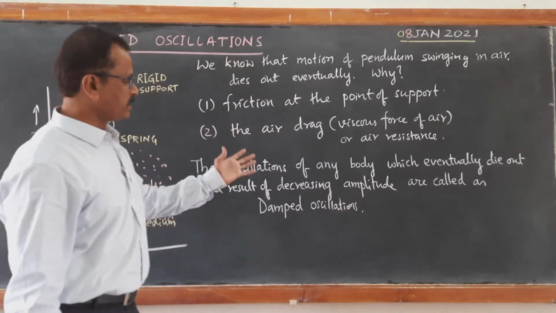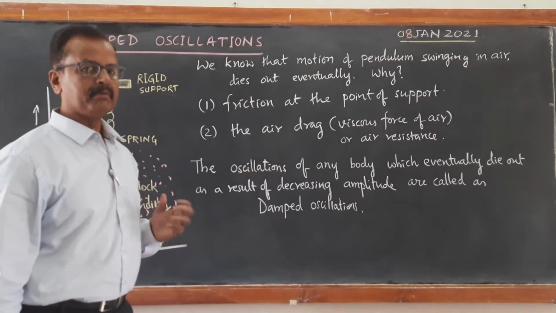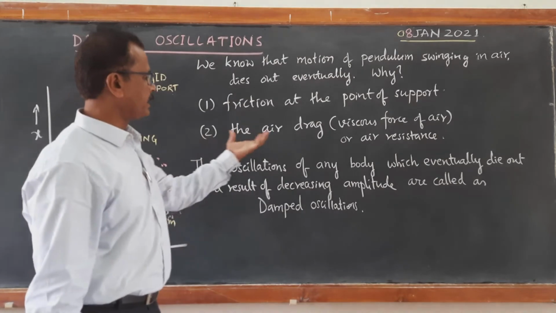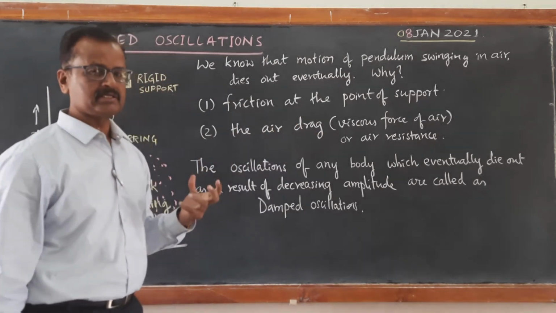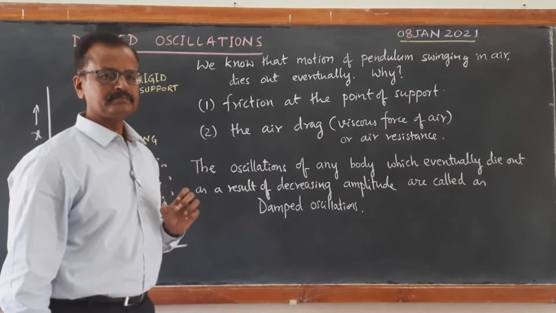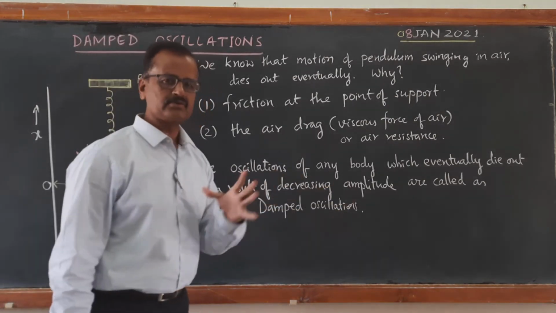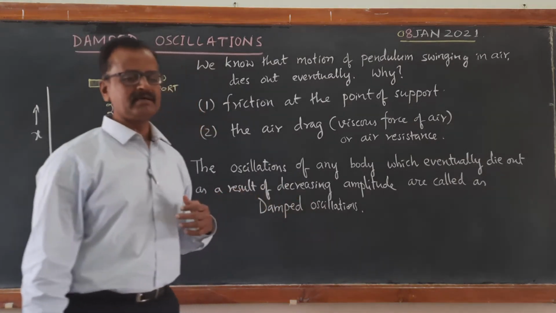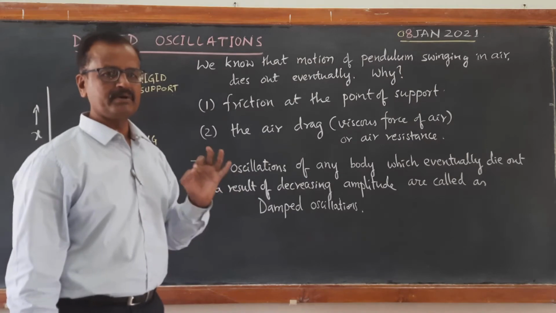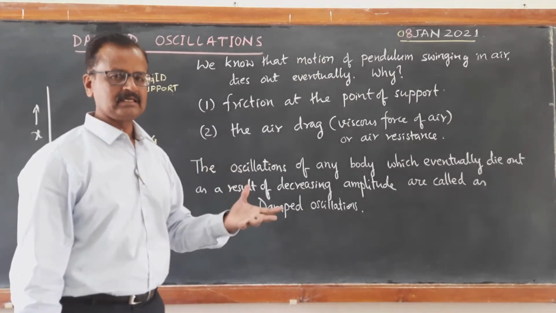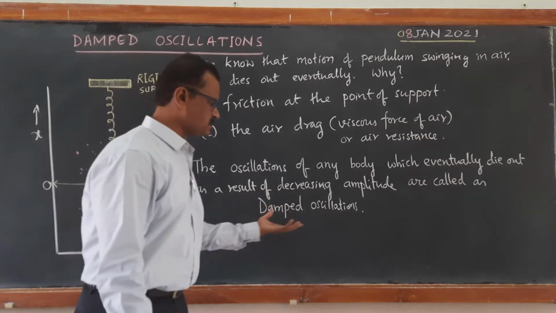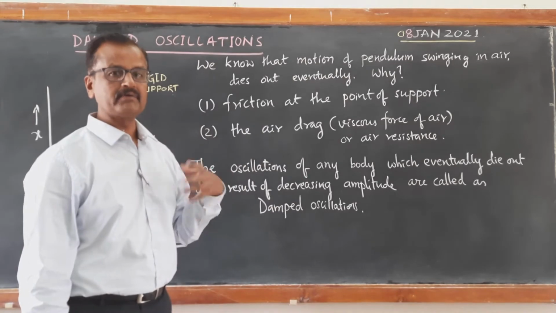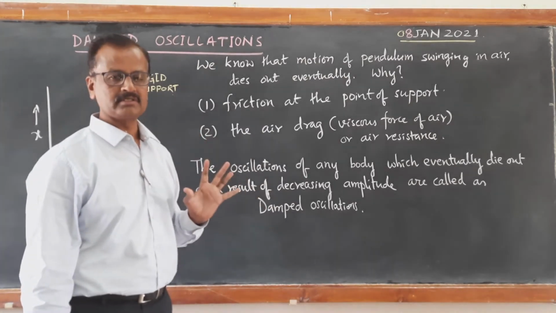If the damping effect is minimum, that is, if the friction at the point of support and the air drag, the viscous force or air resistance in the laboratory, is minimum, then the damping effect is also minimum. So when there is less damping, the time period of oscillation will be constant, the frequency is almost constant, and angular frequency almost remains constant.